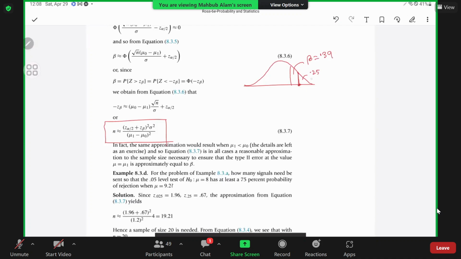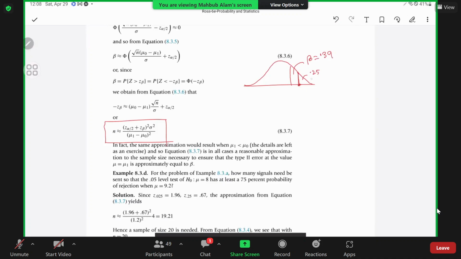Z.25 means to the left-hand side we have 75%. So we need to find the value 0.75 in the table, which is 0.68.